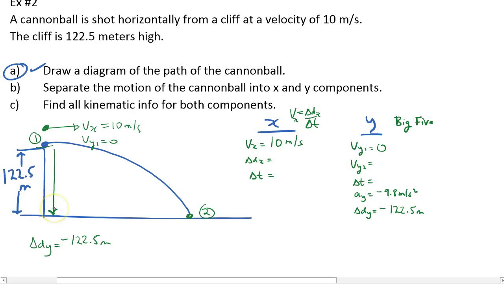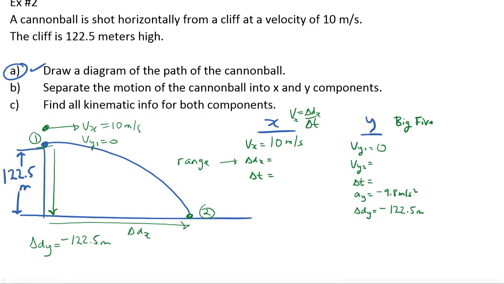Okay, and what about delta dx? Well, delta dx would be how far it moves horizontally in this direction. Remember, you're thinking about displacement here. Sometimes in English we use this word and we talk about range. The range will be how far away from the cliff something's landed. We don't know that yet.